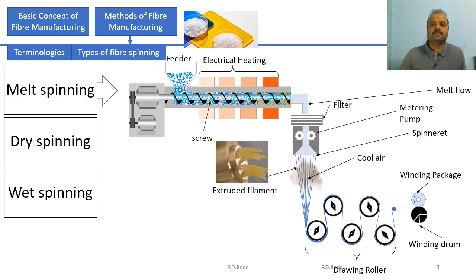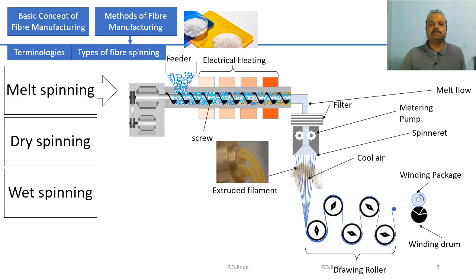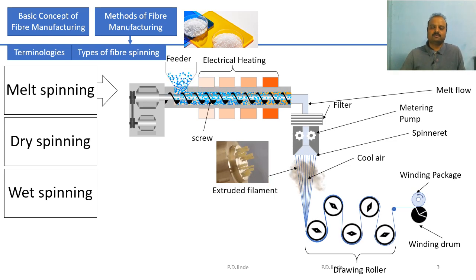This increase in speed of each roller draws the filament. These filaments get stretched multiple times their original length, or you can say to a desired thickness. Drawn filaments are wound onto a spool or cheese based on the requirement.